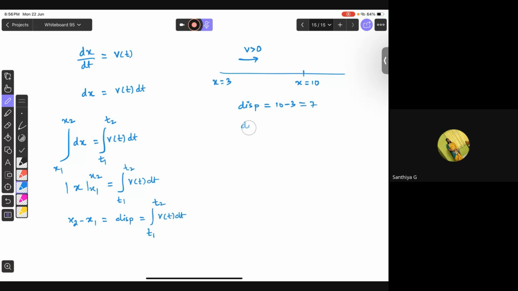If I ask you what the distance is, also 7, no? So if motion is unidirectional, means no change in direction, then magnitude of displacement is same as distance covered or not? This point clear, no, everyone?